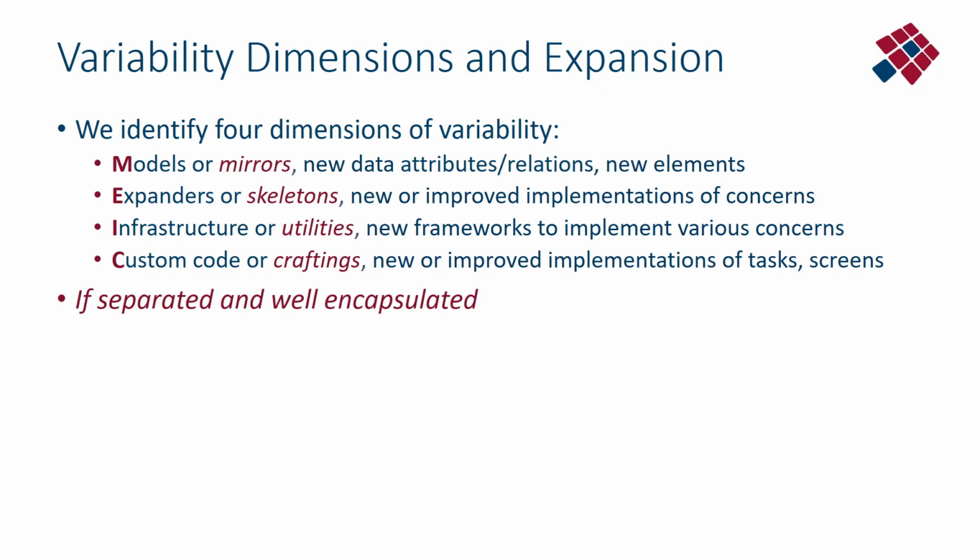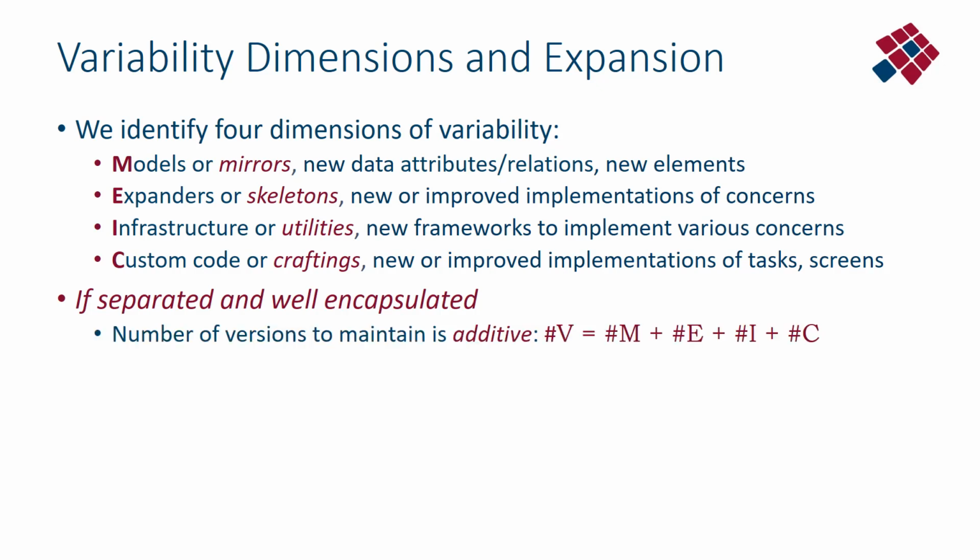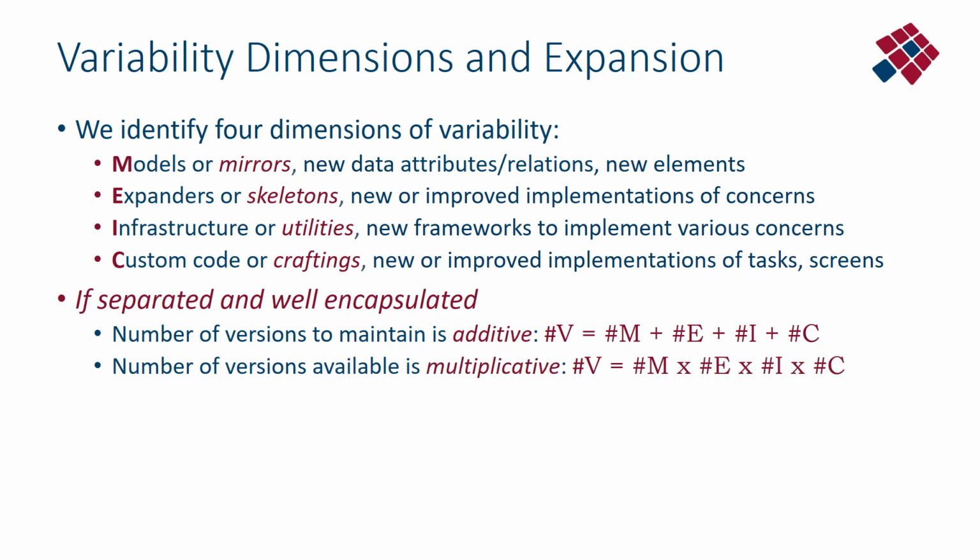Because, and that's very fundamental in modular structures, if separated well, if encapsulated well, we could have a number of versions to maintain, which is the sum of the various versions in every dimension, while we could have at our disposal the product of possible versions.